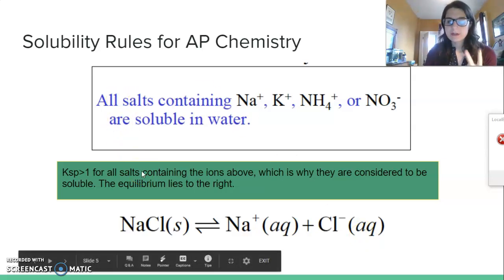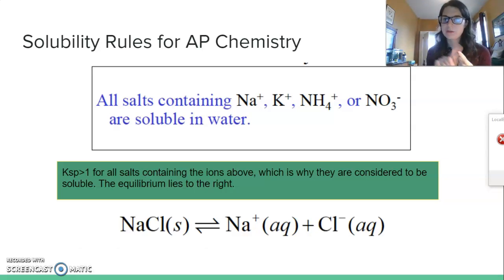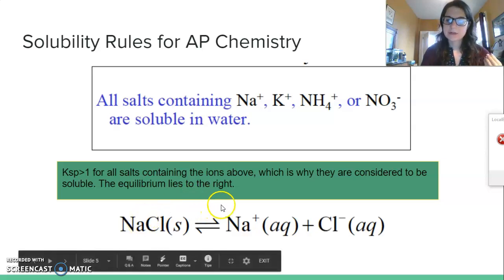So there are two things we look at with solubility. One is the molar solubility, which we will get into with the notes later, and one is the solubility product constant, the Ksp. The Ksp can be compared between two salts to describe solubility, but we also need to consider how many moles of aqueous ions are being produced from that salt. NaCl produces 2 aqueous ions, but another salt could produce 3.